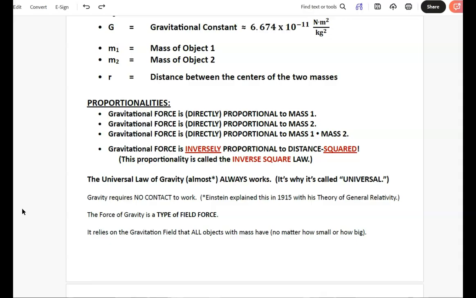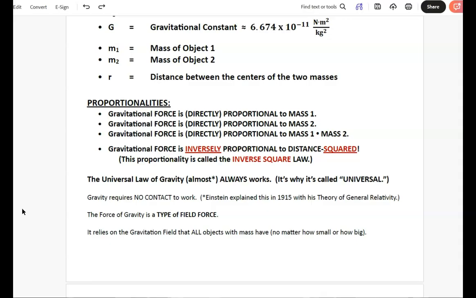The reason why I say it almost always works is that there are very special conditions when there's extremely high gravity or extremely high velocity where objects are moving close to the speed of light. Then you have to tweak this formula, and Einstein worked out how to do that in 1905 with his theory of general relativity, which is the current working model for modern physics to study gravity.